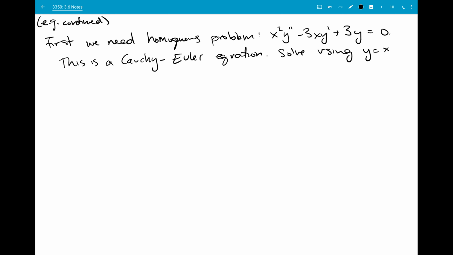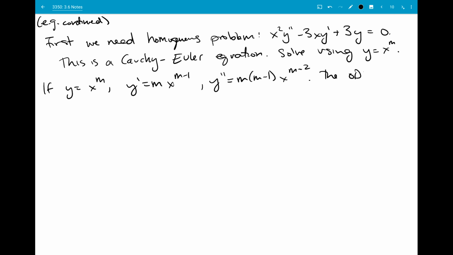So we solve it using y equal to x to the m. That means if y is x to the m, y prime is m times x to the m minus 1, and y double prime is m times m minus 1, x to the m minus 2. And then we just plug that into our differential equation: x squared y double prime minus 3xy prime plus 3y.